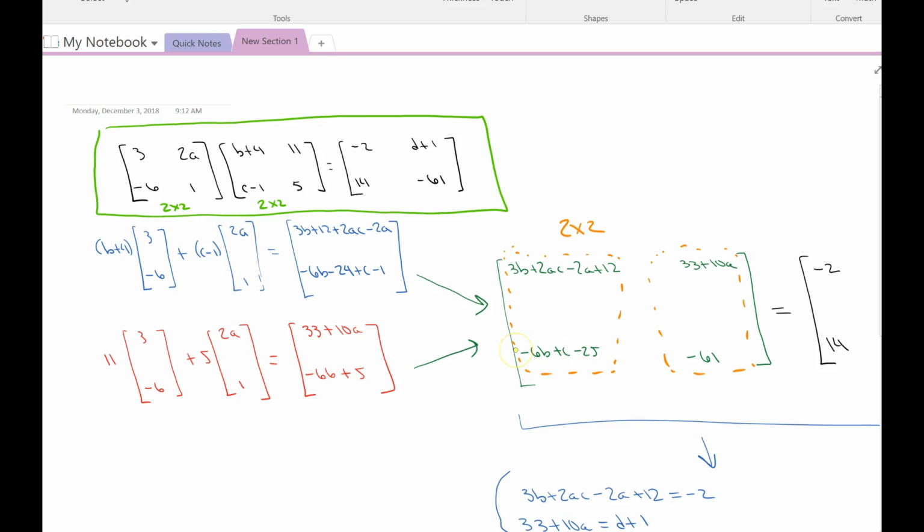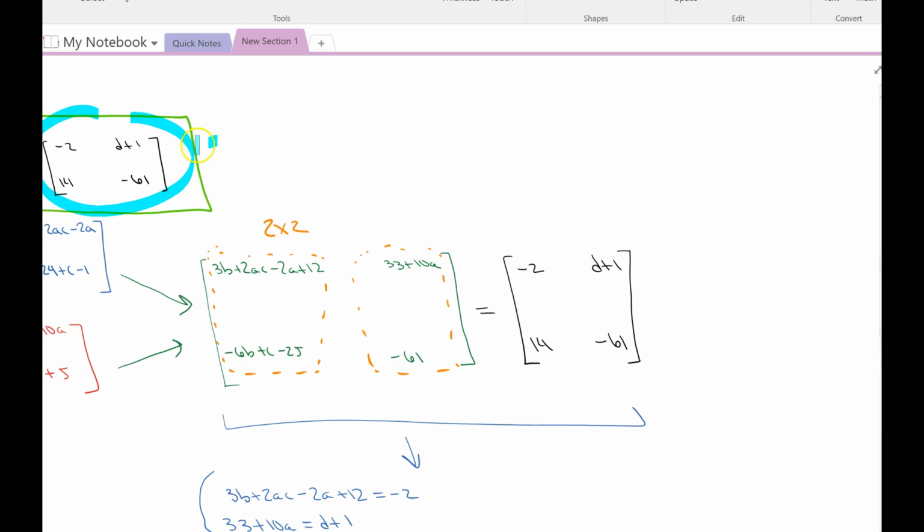Then column 2 of the product matrix is 11 times column 1 plus 5 times column 2, and here's column 2. And then we can't forget about the right-hand side, which is waiting for us to finish the work on the left. And here is the right-hand side.